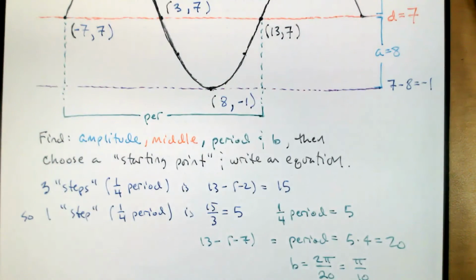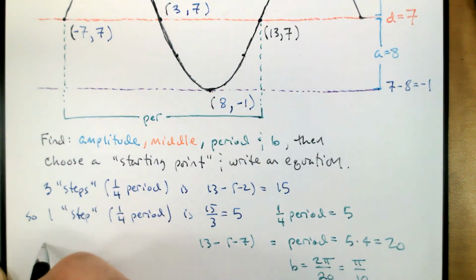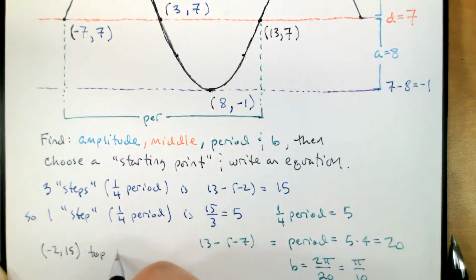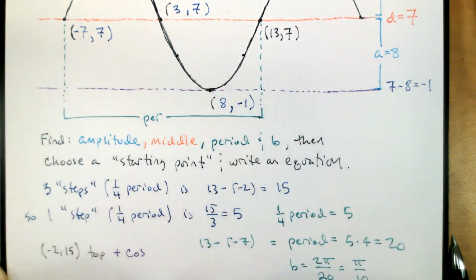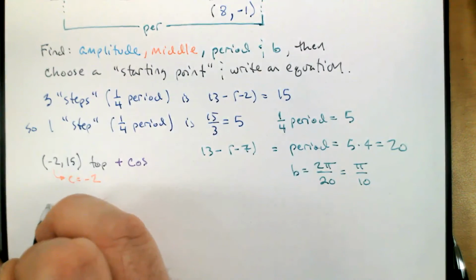So if we start at -2, 15, this is at the top. So we're going to use a plus cosine. And c is -2. So our equation will be y equals.